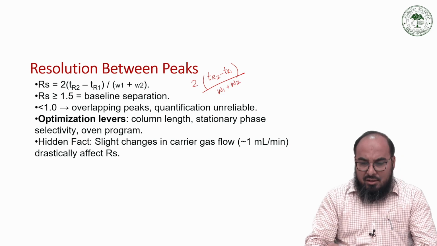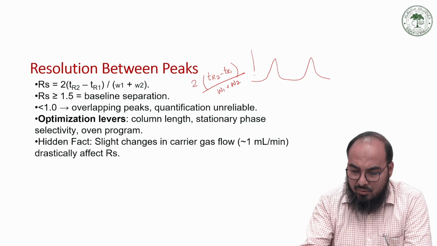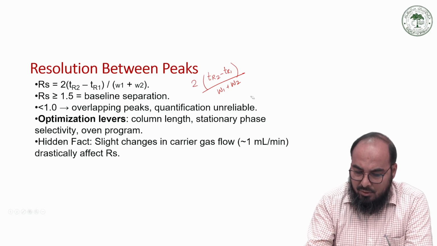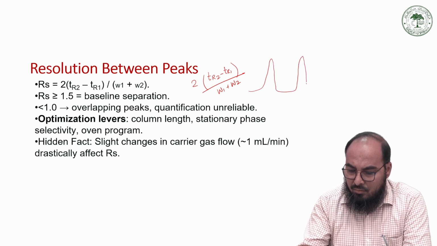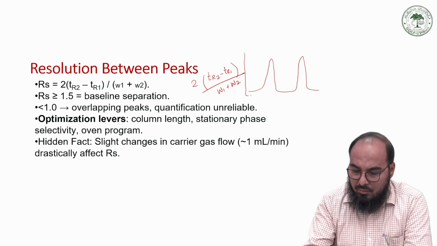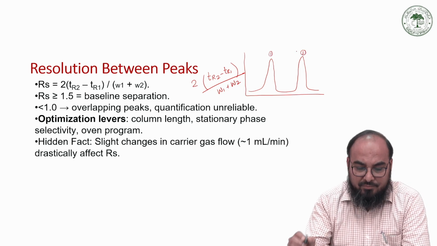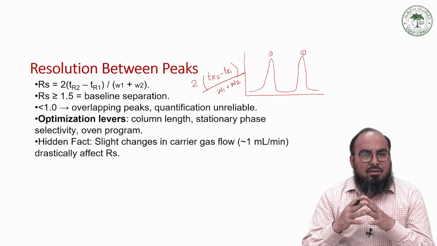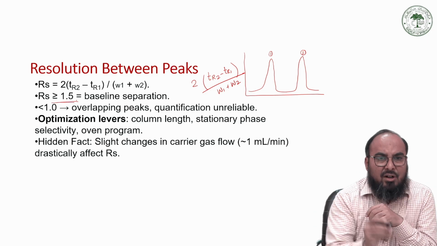We have already discussed this for a two-component system, component 1 and component 2. Okay. So baseline separation should be there, and resolution should always be greater than 1.5.